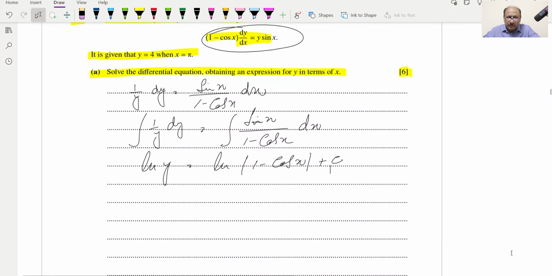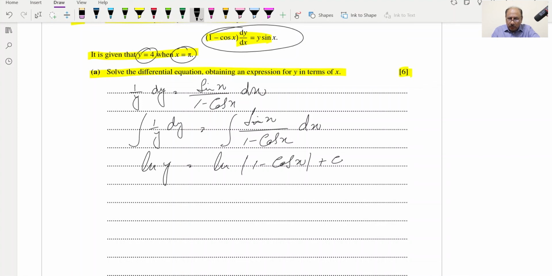Now we need to find c value. To find c value, we can say y is equal to 4. We can replace these values. Y is equal to 4 and x is equal to pi.